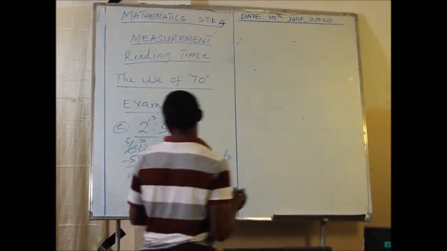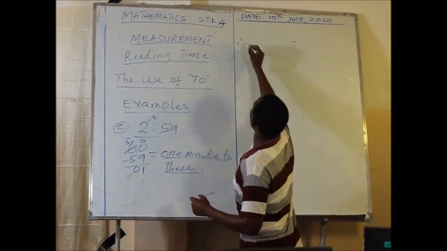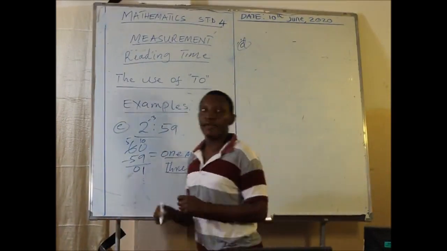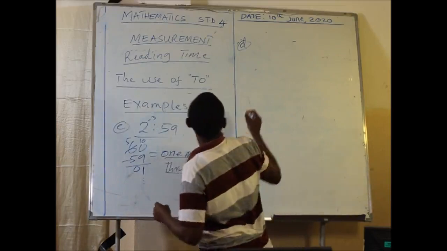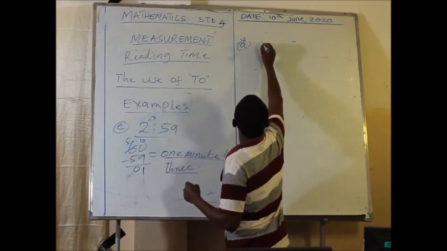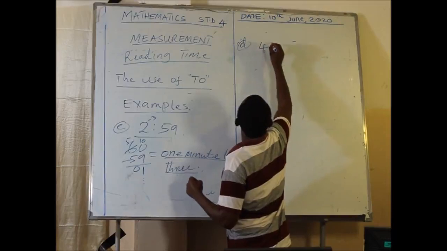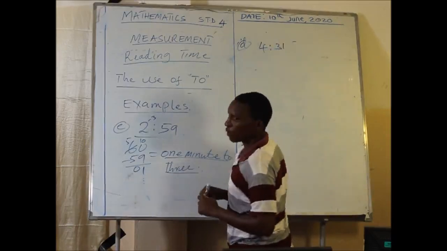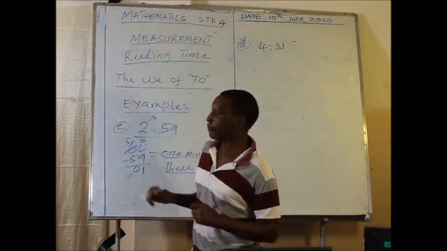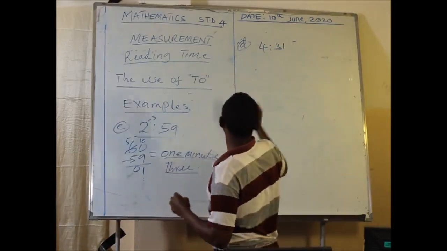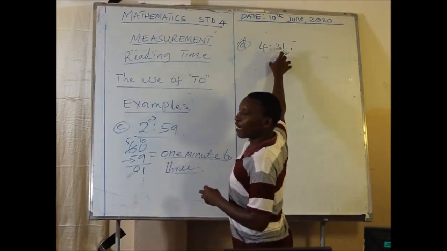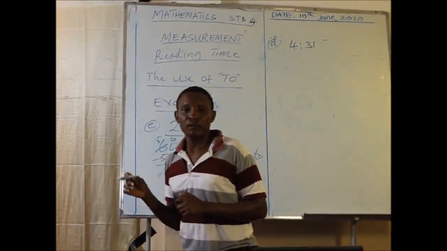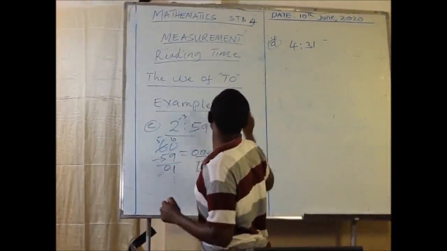Then let us see another example, which is example B. Let's say we have 4.31. What time is it? You have to check. If it has already passed 30, that means we must use to.